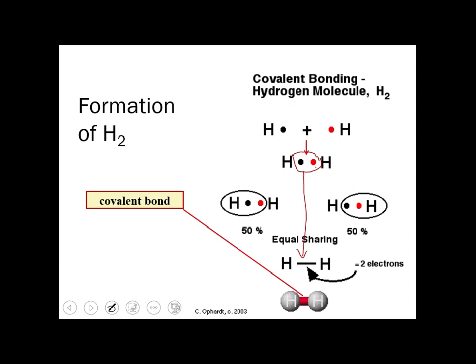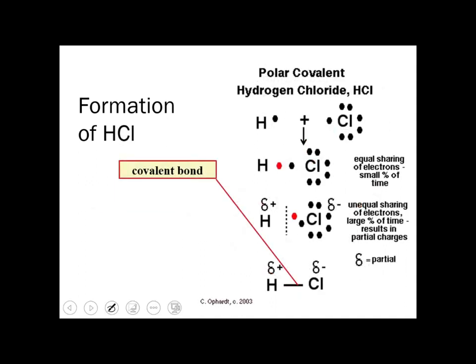So you just represent these 2 electrons as a single line. So this single line contains 2 electrons. This is what you call a covalent bond. That's it. Okay, simple.